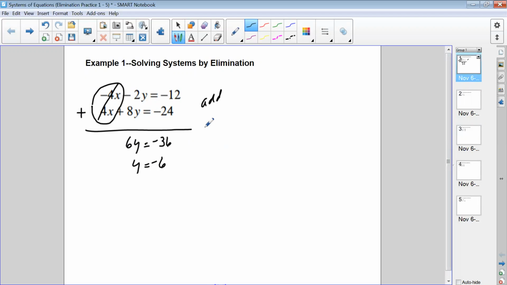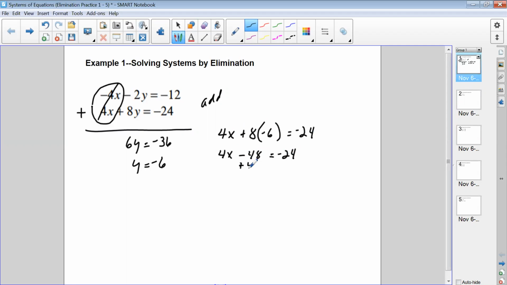So once we know that, we can pick either equation. So I'll just go to the second equation. So 4x plus 8 times -6 equals -24. So I get 4x minus 48 is equal to -24.